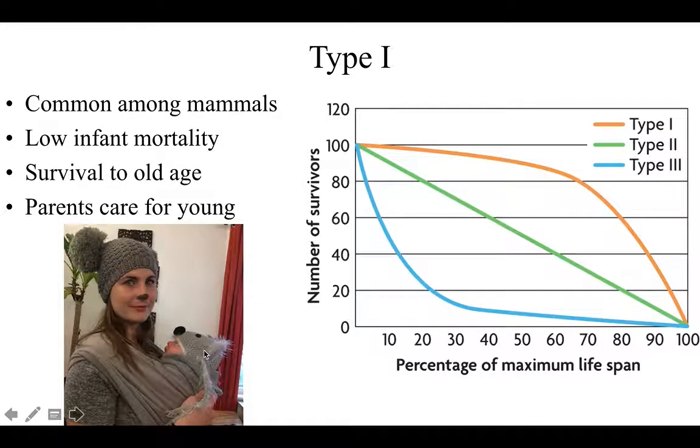They need to be taken care of for a long time. Luckily, since we are a type 1 survival species, infants tend to survive their childhood because of all that care from their parents. They survive for a long time, and that survivorship only drops off after old age.